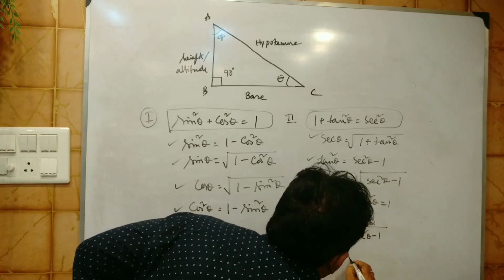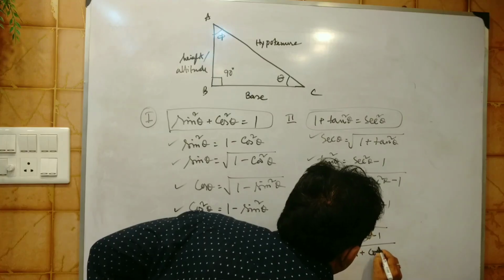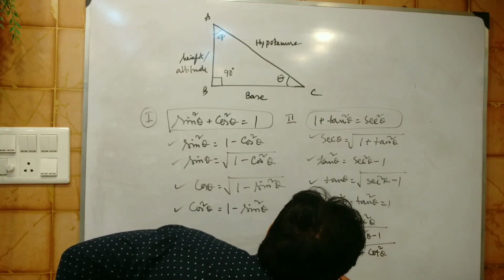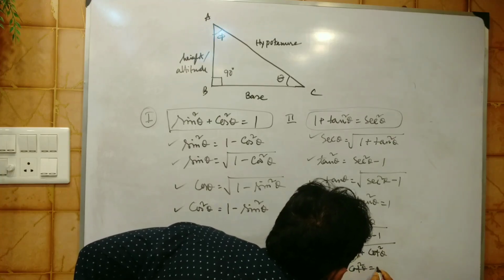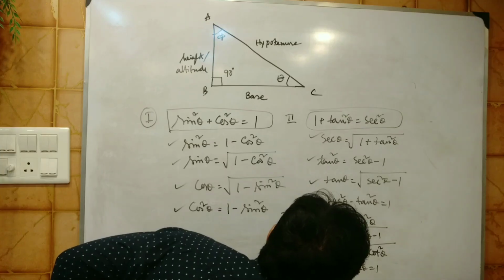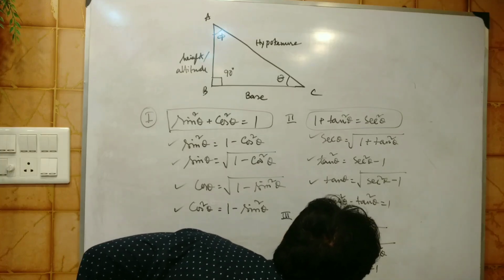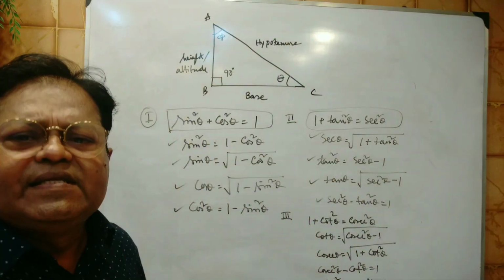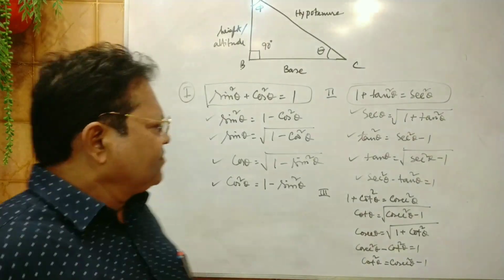Cosec theta is equal to root over 1 plus cot square theta. Cosec square theta minus cot square theta is equal to 1, and cot square theta is equal to cosec square theta minus 1. These are all these things. Do you see it? Yes.